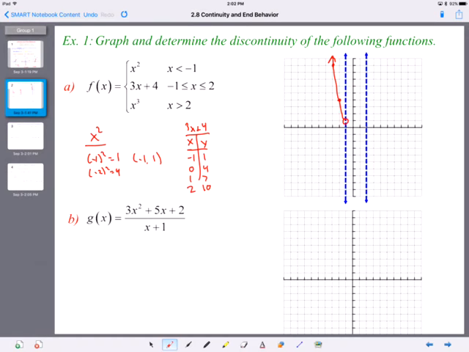So you're going to plot all of those. Now these are included, so you're going to have closed circles on each of these. So at -1, 1, it was open, but now it's going to be closed, so we'll fill that in. 0, 4, 1, 7, and 2, 10.